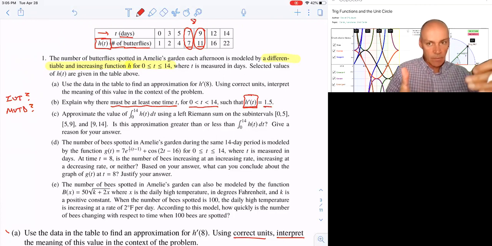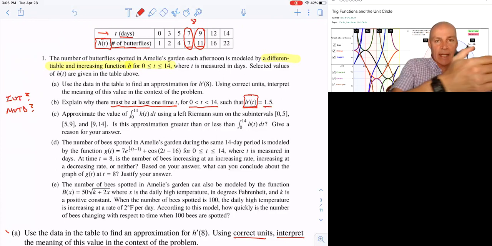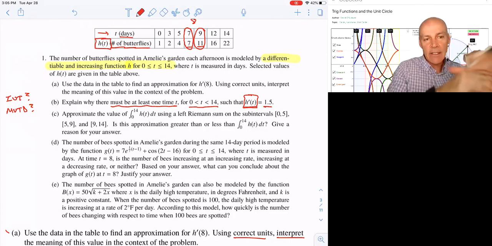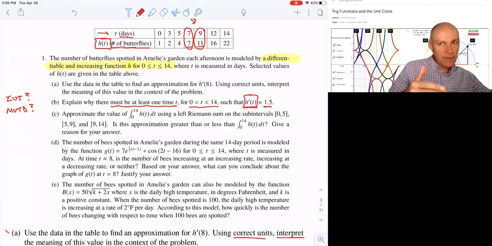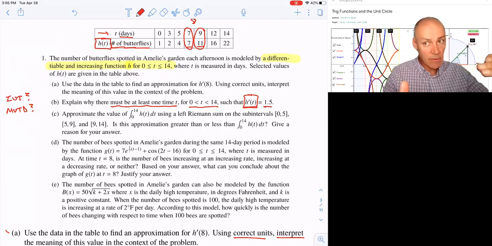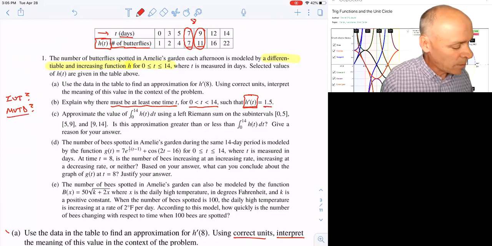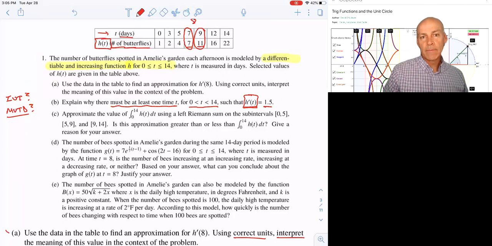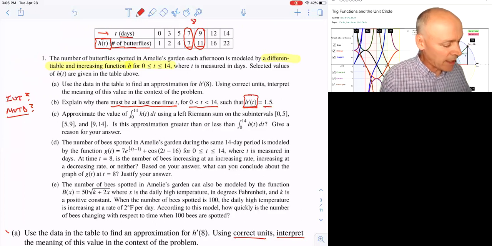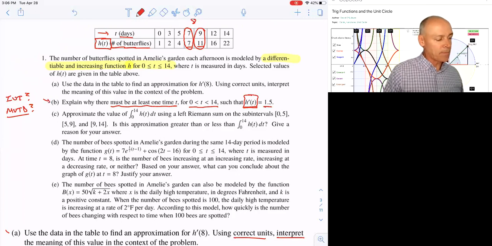Since h prime is given in part B and h of t is in my table, that should tell me it's not IVT. Because when I'm given the function and some value of the derivative, I should be thinking mean value theorem for derivatives. So let's go with that and see how we can answer part B using it.